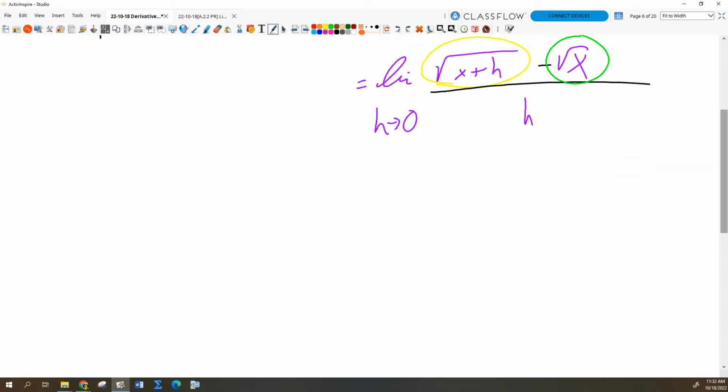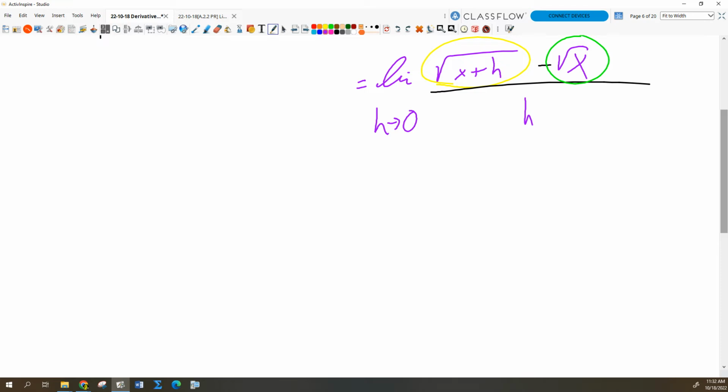Well, now we can just flip into calculus mode and evaluate that limit, right? Okay, what would we do for a limit like that? Which technique are we going to use? Yeah, we've got to multiply, the rationalizing technique. We're going to multiply top and bottom by the conjugate of the top. And of course, it's always going to be this way if I'm taking a derivative. If I try to evaluate this directly, I get 0 over 0, right?